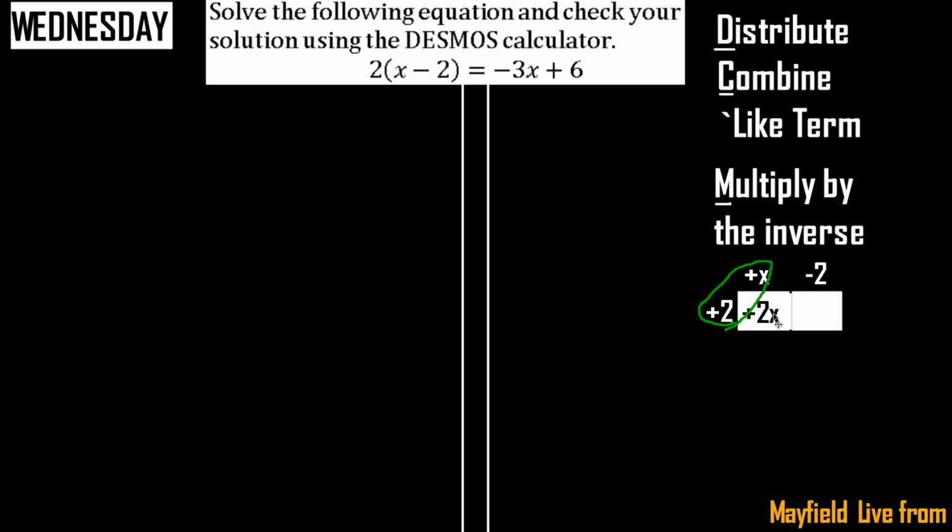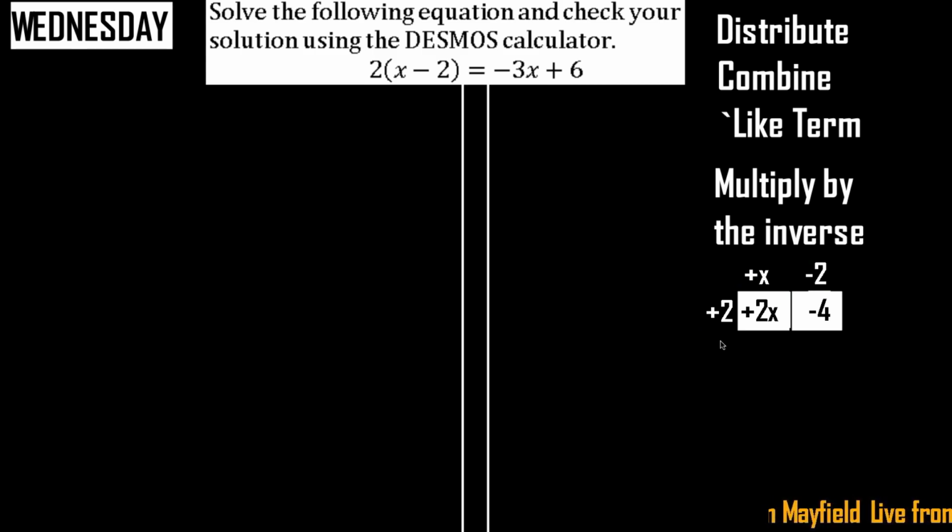So again, all we're saying is we're multiplying these two together, and so we would say, alright, this is a positive 2x, and then you would multiply these two together. I'm going to stretch this out a little bit further. So it would be positive 2 times a negative 2, different signs means negative product, and so we have a negative 4.